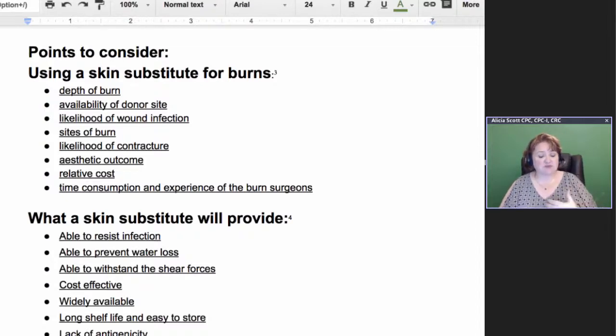The problem that comes with that is that if you have a person that has burns over a large part of their body, where are they going to get a donor amount of skin to lay there? And then you have to worry about the wound that you're creating when you take skin from the other area of the body, the donor site.